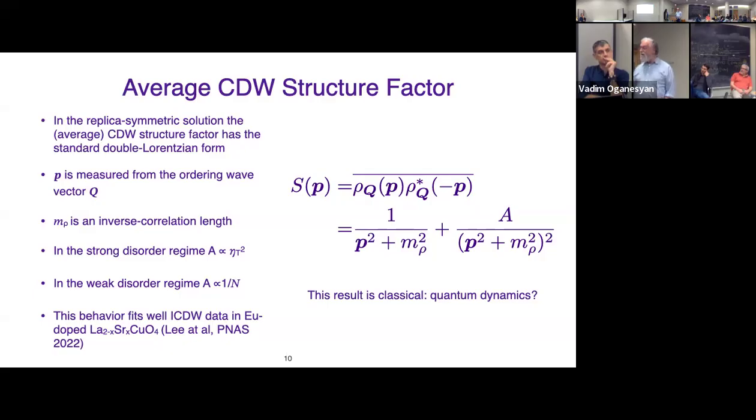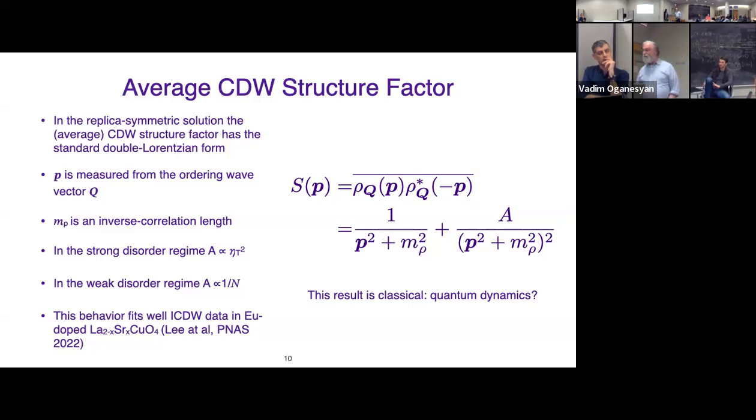The coefficient A turns out to be proportional to the square of the disorder strength, and it's controlled by the strength of the disorder in the weak disorder regime.